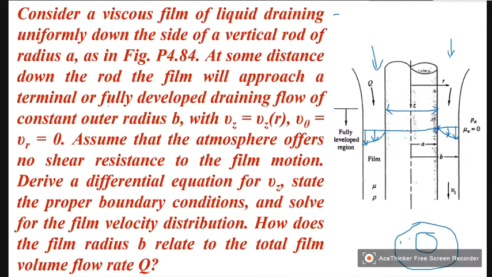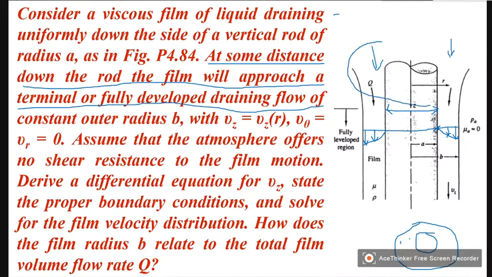At some distance down the rod, the film approaches a terminal velocity. See, in all these problems, this statement will be given. That is only to show that near the entrance, there will be cross flows.